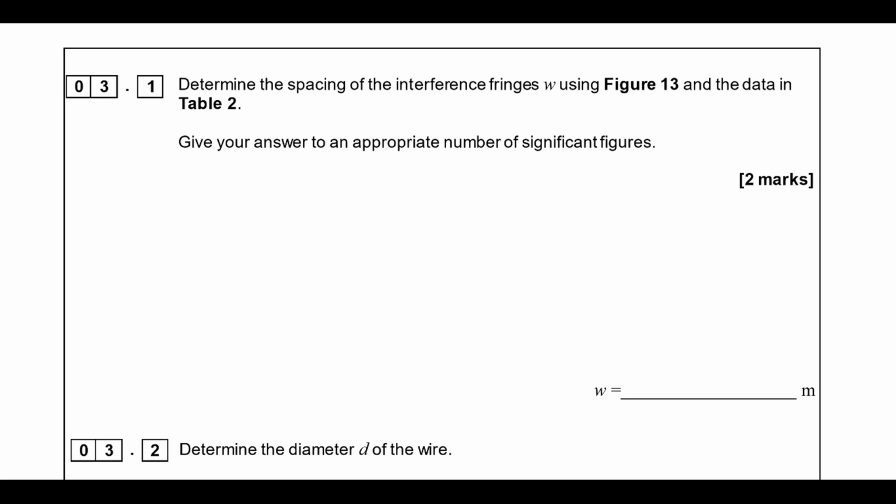So what we're going to need to do is R2 minus R1 and look how many spacings that represents. It represents 6. So if we put in the values that we've got, R2 is 11.16, R1 is 8.71, divide that by 6, and that gives us 0.408.